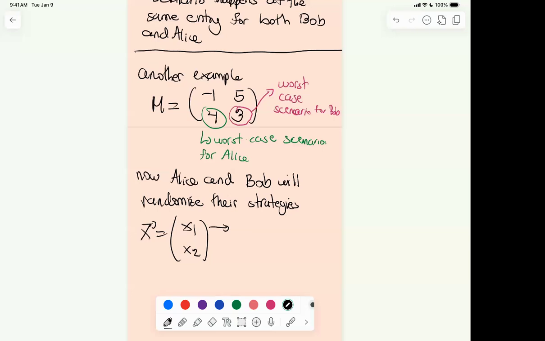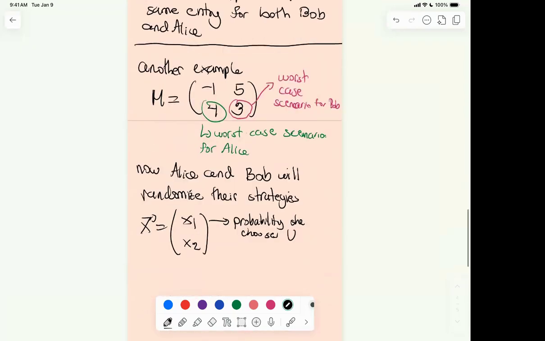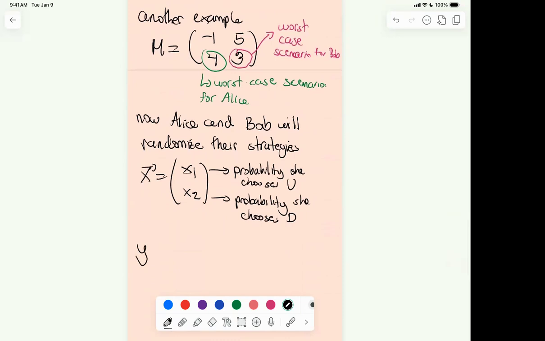So x1 is going to be the probability she chooses option 1, up, and x2 will be the probability she chooses D, down.